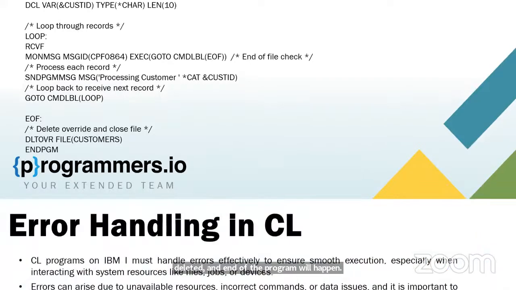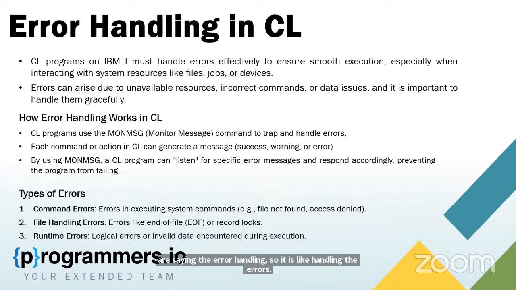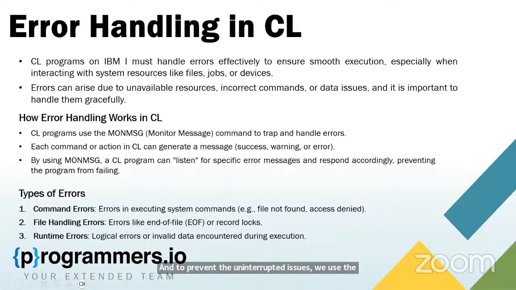Let's see the error handling in CL program. Error handling means handling errors effectively, making sure the program is executed without interruption and any issues. To prevent uninterrupted issues, we use the keyword MONMSG. How does error handling work in CL program?